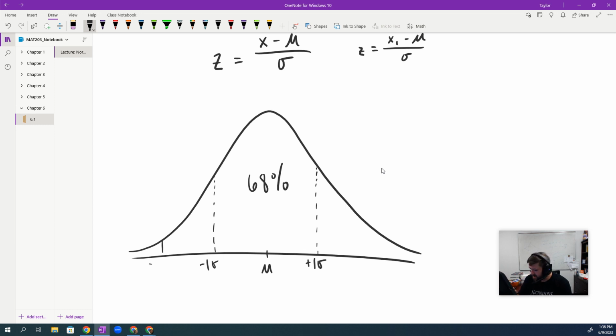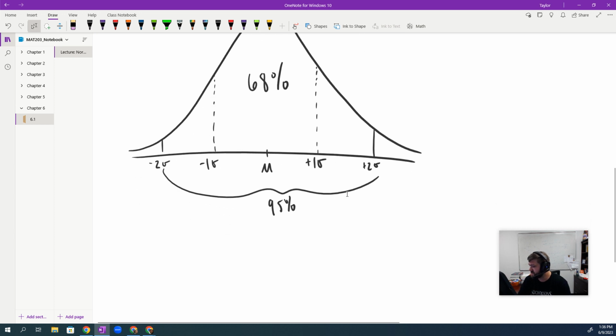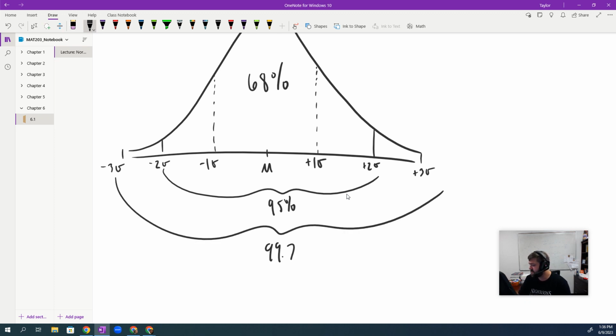Now we go out another, minus 2 sigma, plus 2 sigma. From negative 2 to positive 2 will be 95% of all of the observations. And at negative 3 sigma and positive 3 sigma is 99.7%.